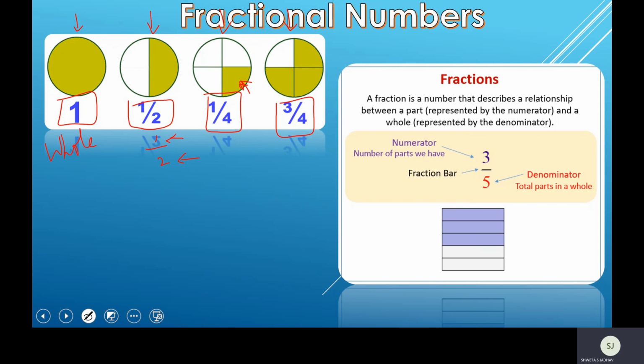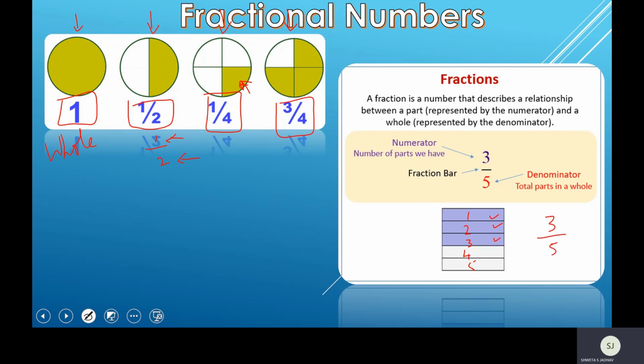I'll show you an example. We have this figure with 1, 2, 3, 4, 5 rectangles. If you observe this figure, out of 5 boxes, 3 are shaded. So how can we represent this figure as a fractional number? We can represent it by writing 3 by 5.